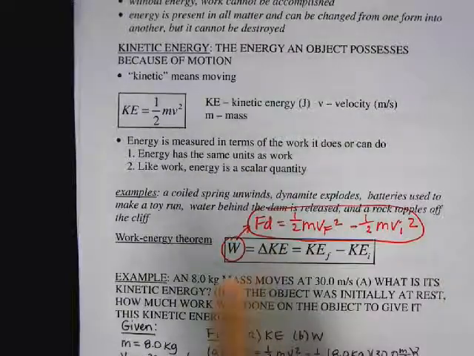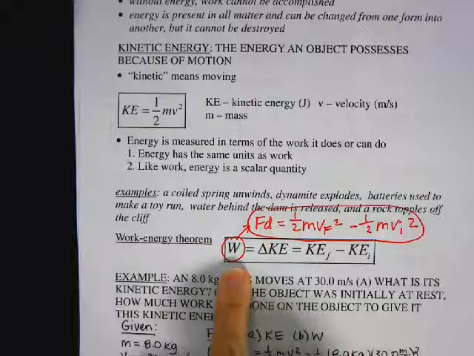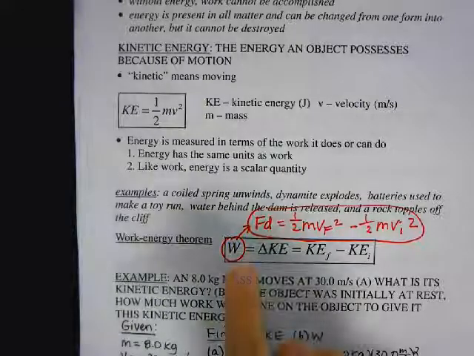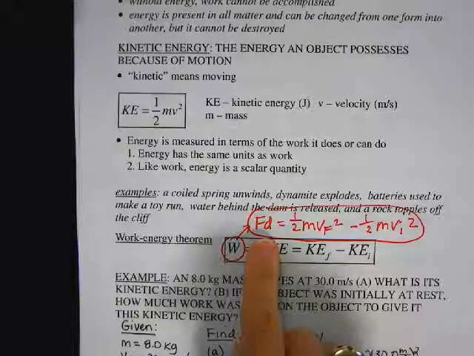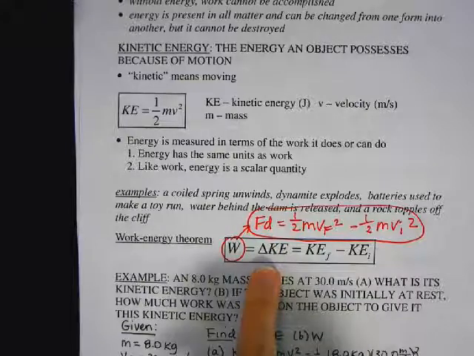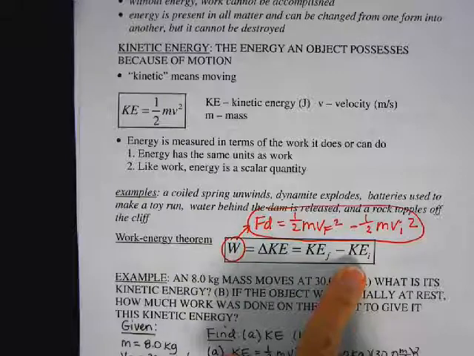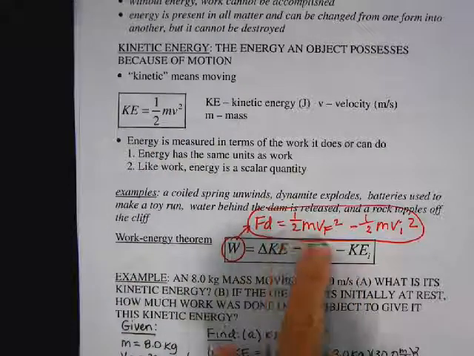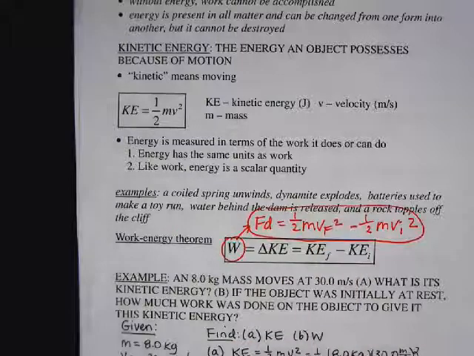So this is just taking W, which is work, which is delta KE, and remember, delta is the final minus the initial, and then kind of expanding it out. So work is equal to force times displacement. Kinetic energy, the delta is the final minus the initial, and then kinetic energy is 1/2 mv squared, so that would be 1/2 mvf squared minus 1/2 mvi squared.